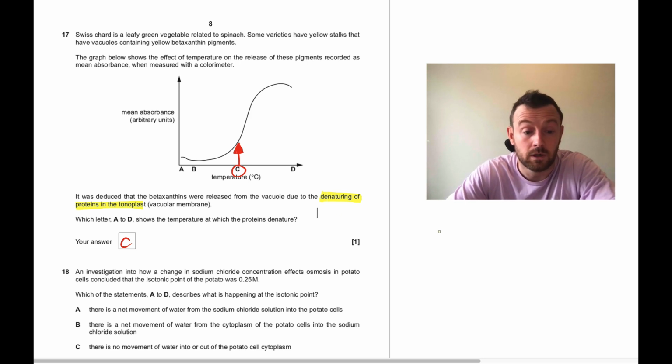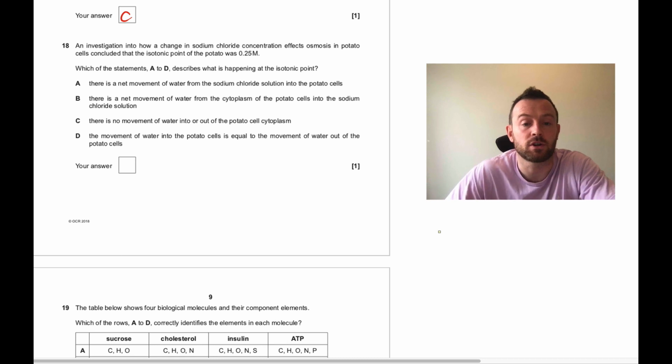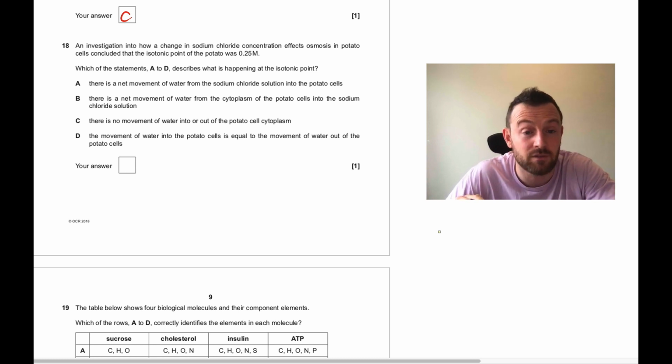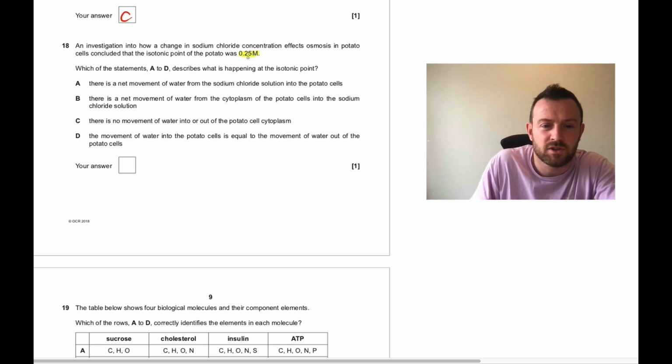18. An investigation into how a change in sodium chloride concentration affects osmosis in potato cells concluded that the isotonic point of the potato was 0.25 molar. Okay, so this is basically saying that the concentration of sodium chloride in the potato was 0.25.